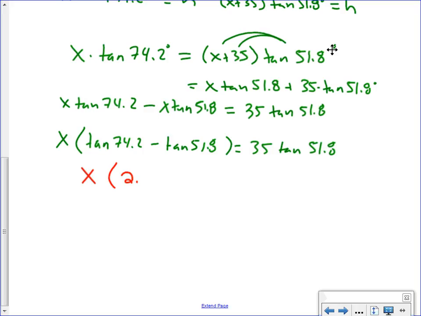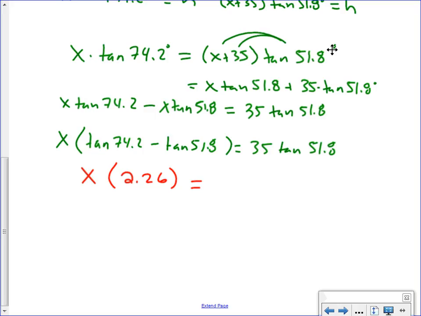I got 2.26, is that right? 2.26 is equal to, on the other side, 35 times tan of 51.8.